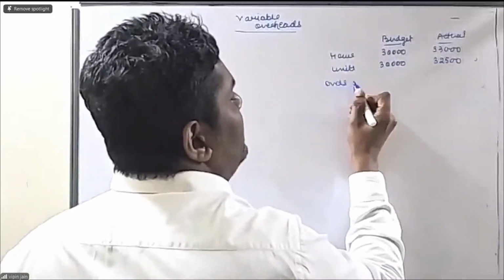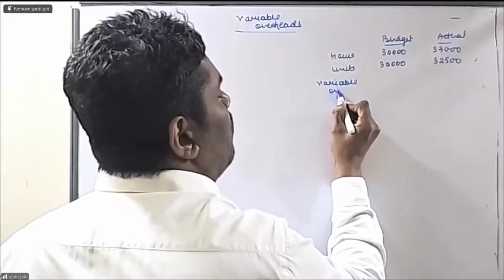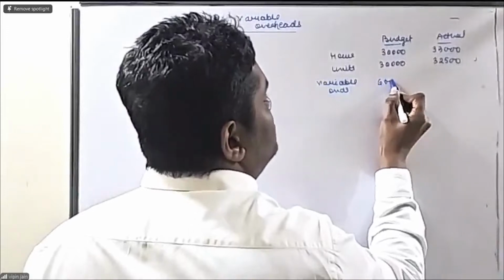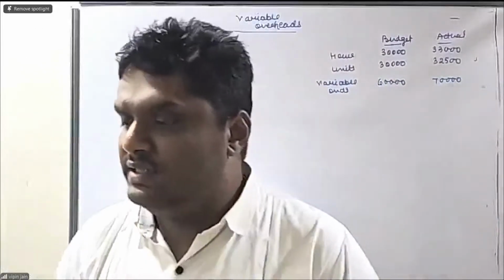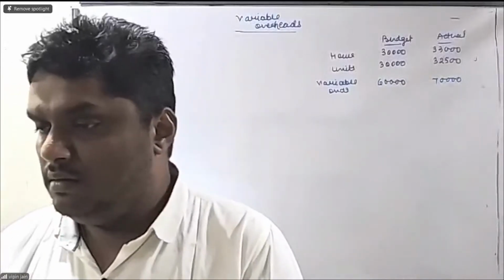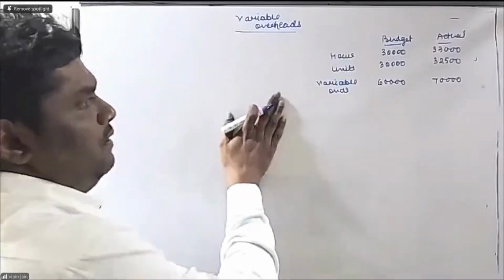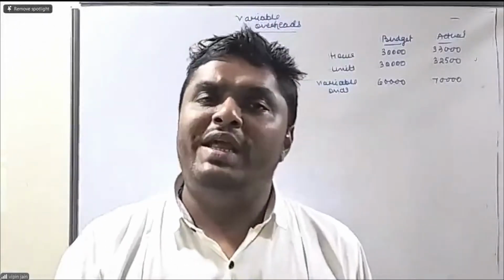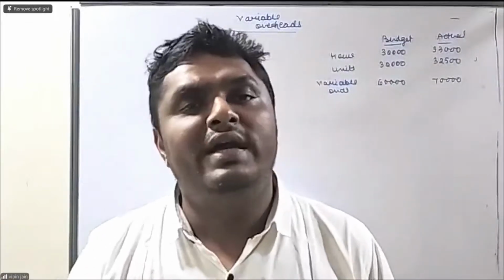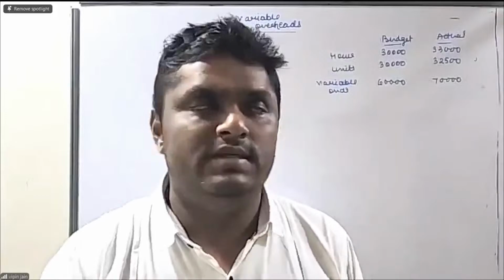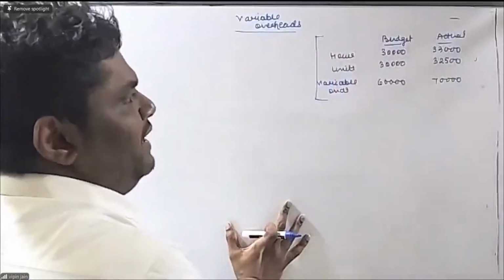And variable overheads are 60,000 and 70,000. This much information is only required for variable overhead. So if days are given in the question, better ignore the days for calculation of variable overhead variances.